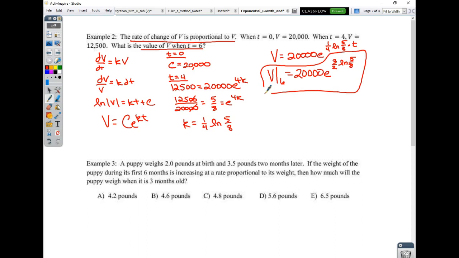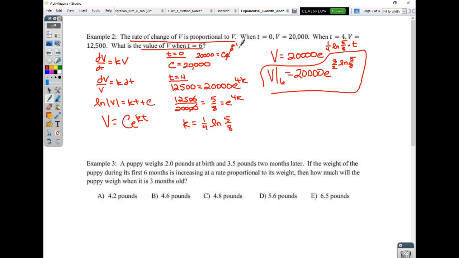Questions? Hold up. Say it one more time. Yeah, that was where I was talking about that C, because if we were to have actually written that, we would have gotten 20,000 equals C e to the 0, which turns into a 1.